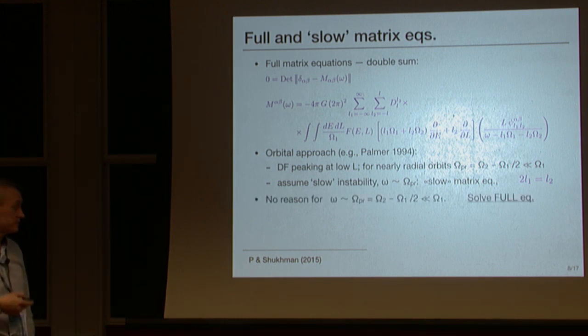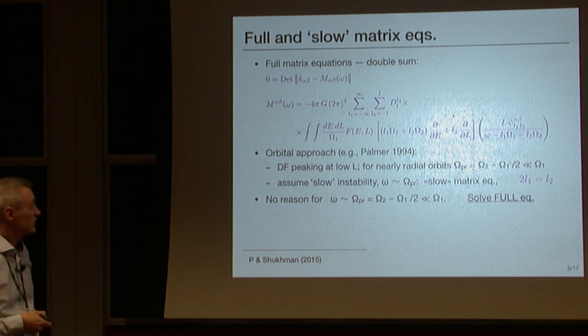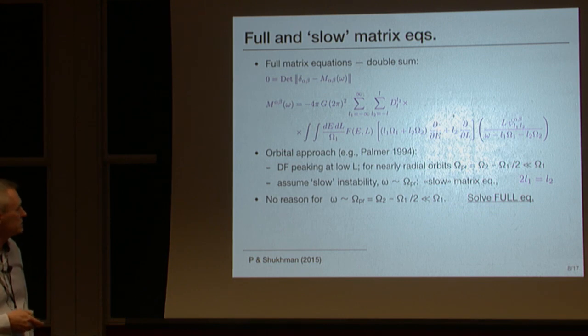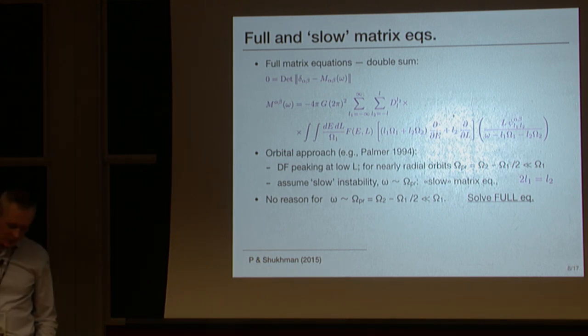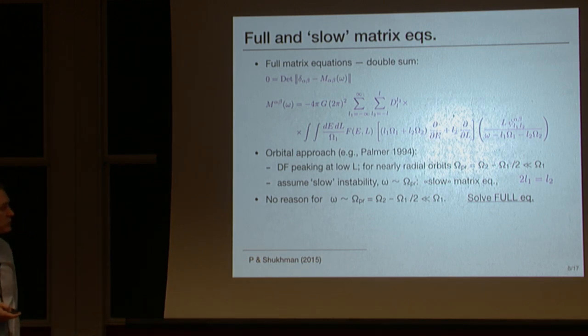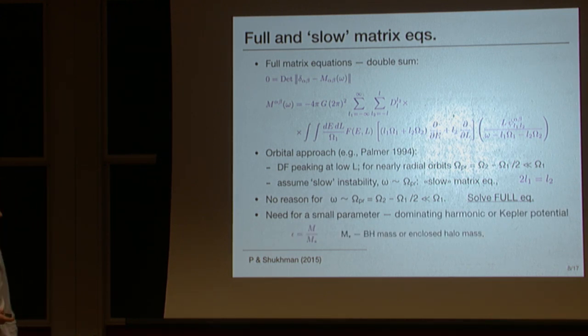But I will show you examples of fully self-gravitating systems where there is no reason to consider that this frequency is of the order of the precession frequency, which means that you have to always solve the full equations, except when there is an explicit slow parameter of the problem, which is, of course, the dominating harmonic or Keplerian potential.